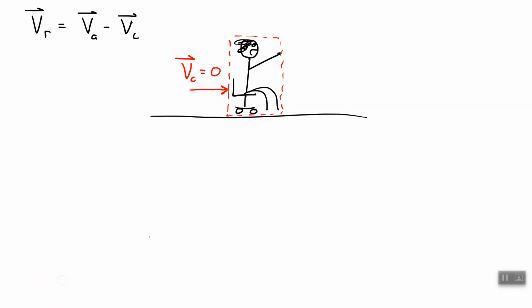Now I threw a ball, and let's say we have a person standing here with a police speed gun that can measure velocity. That person is going to measure the absolute velocity of the ball. Let's say I threw the ball at 10 meters per second.